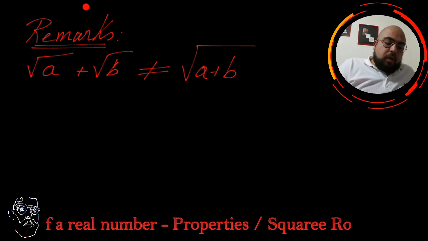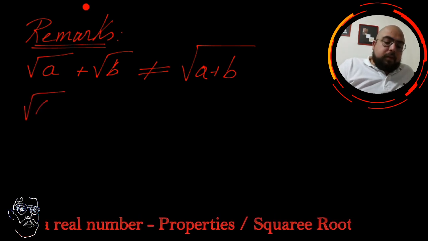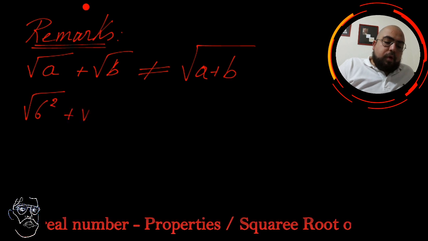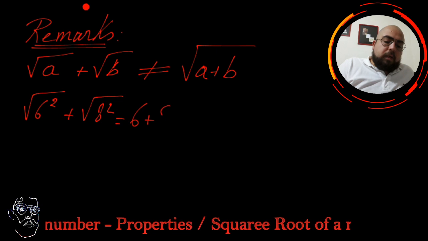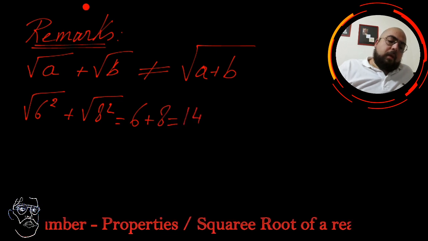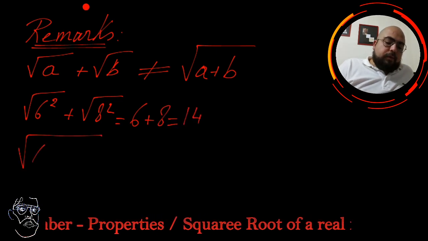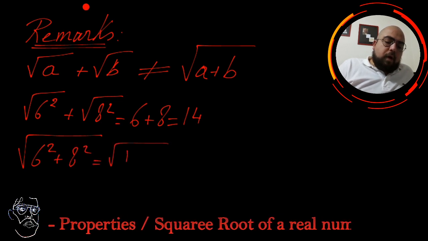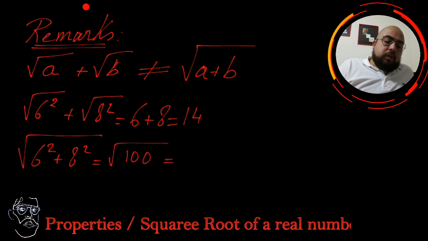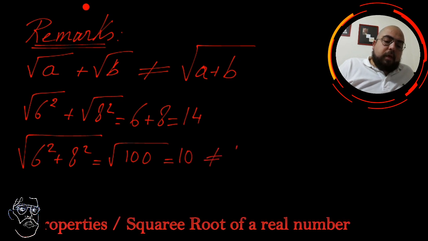Example, square root of 6 to the power of 2 plus square root of 8 to the power of 2, it's 6 plus 8, which is 14. As for the square root of 6 squared plus 8 squared, it is the square root of 100, which is 10, and it's totally different than 14.